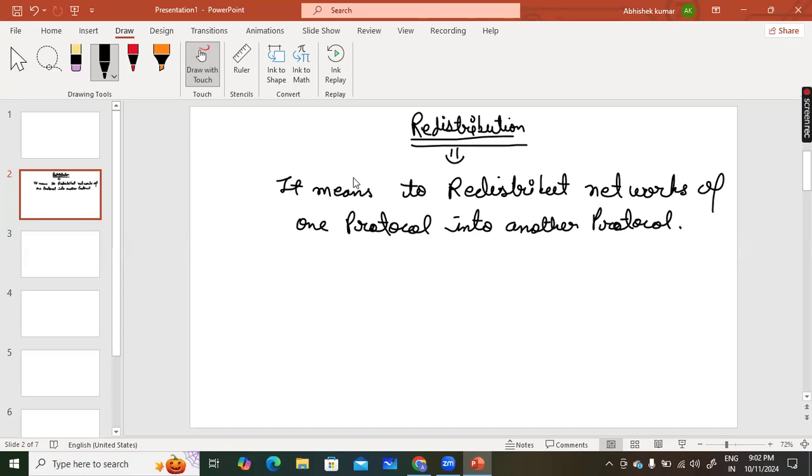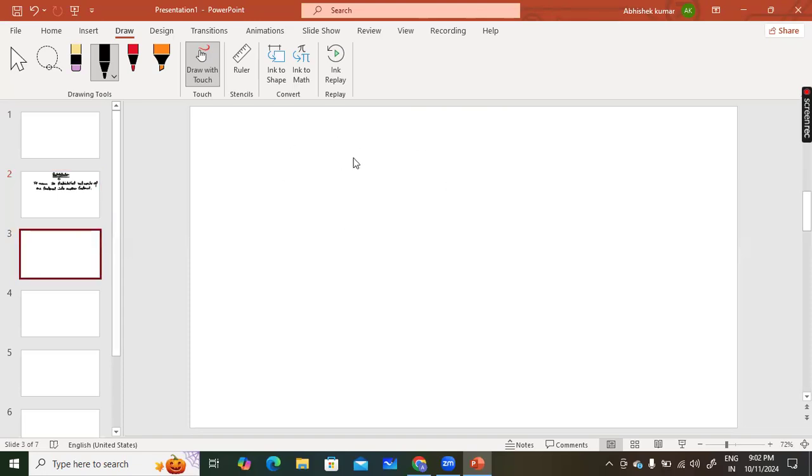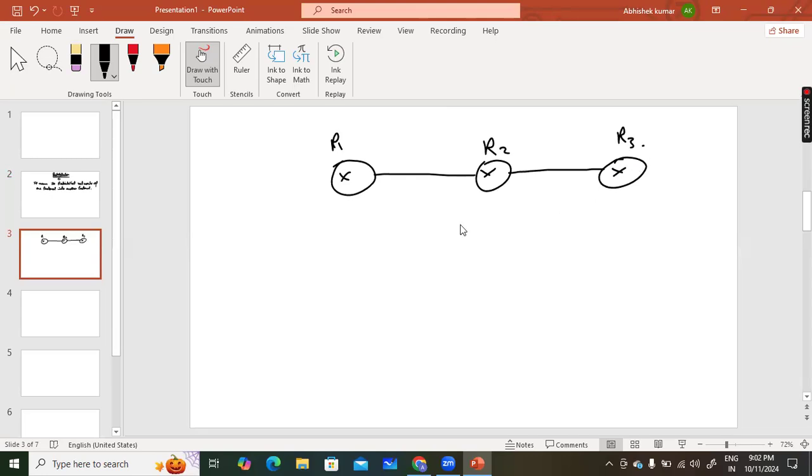Okay, now understand how it works. Let's suppose we take three routers. Router 1 is connected with router 2, and router 2 is connected with router 3, with the end hosts below them.